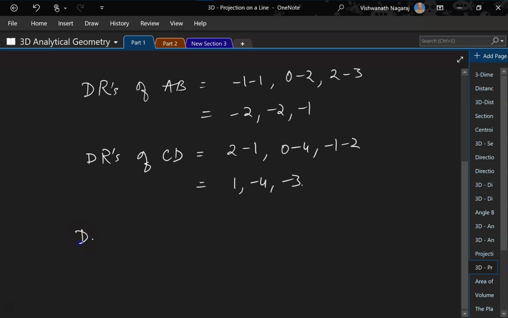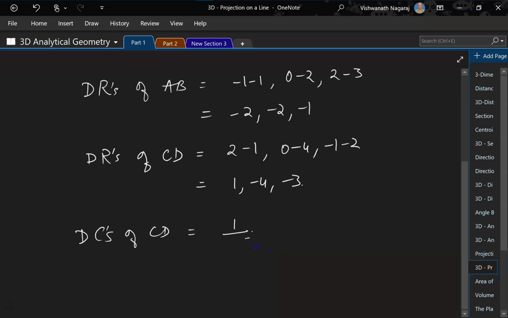Now the direction cosines of CD would be, remember, we take each one of these and divide it by the square root of the sum of the squares. And we know squares will always be positive. So we can directly say 1 plus 16 plus 9, which comes to 26.